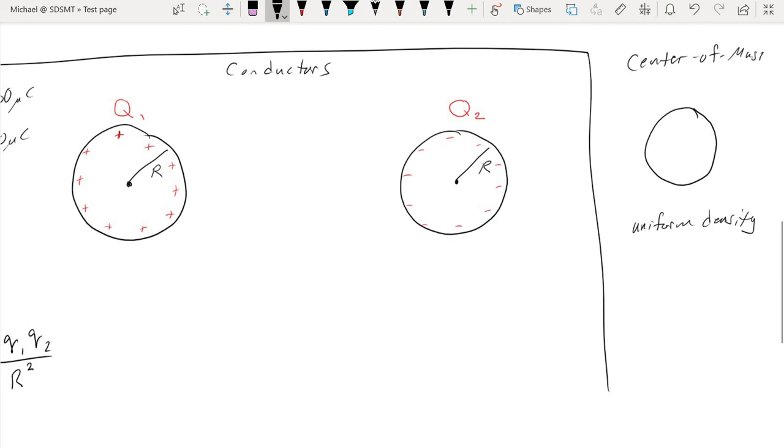Actually, it didn't even have to be a uniform density, but it was easier if it was. And the center of mass was a theoretical construct where we took all the mass of the object and we shrunk it down to a single point inside the mass. And we called that the center of mass.